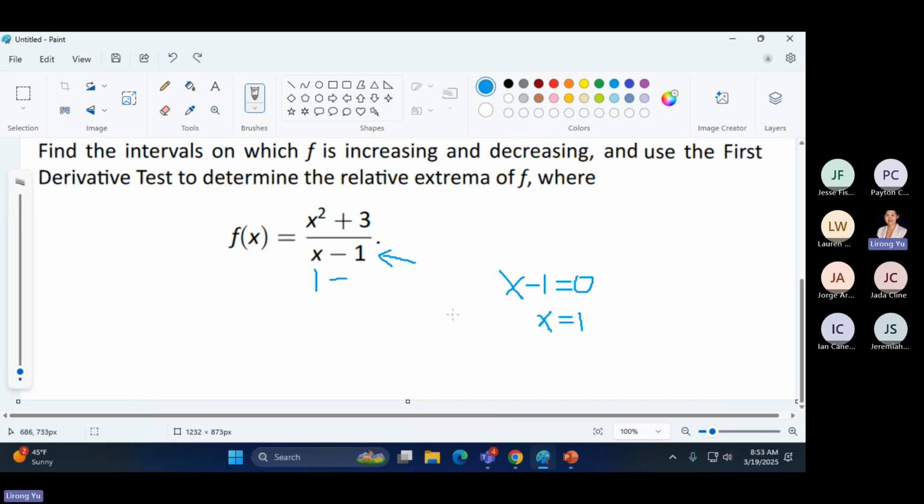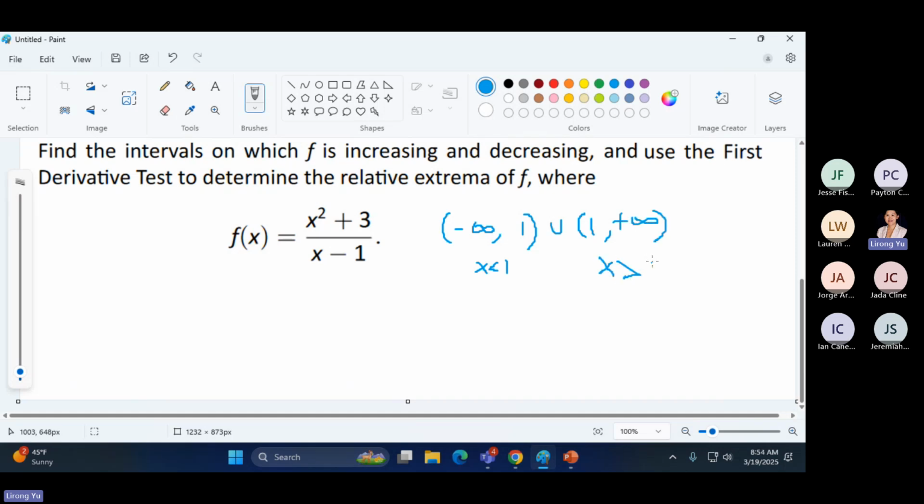So we realize we cannot let it equal 1. So x equals 1 will be a forbidden point for the x value. We will allow any x value except 1. So this is the interval x is less than 1, and then we can have 1 to infinity, which is the same thing as saying x is bigger than 1.